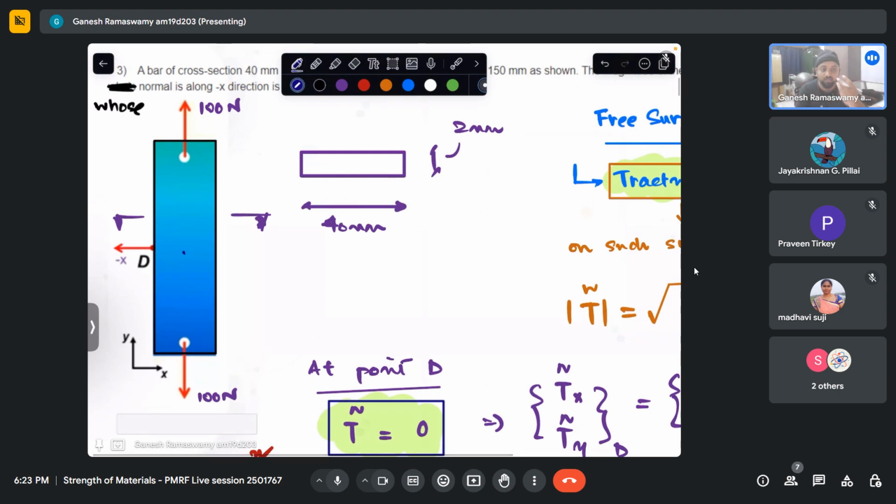This is a simple problem where we know that shear is absent when we take a normal like that. Our main idea here is to be able to take a domain, however irregular it may be, specify the boundary condition, and the shear and the stress components at this point come as the output of the analysis.